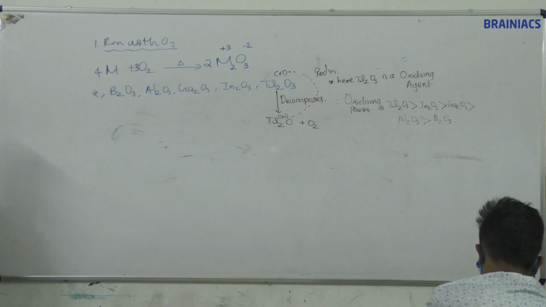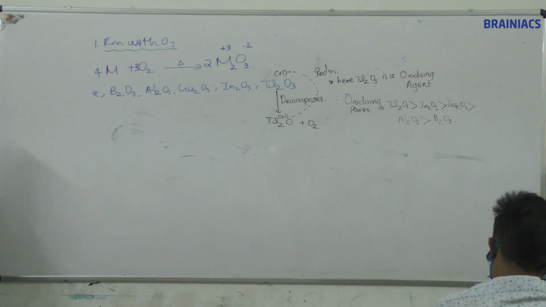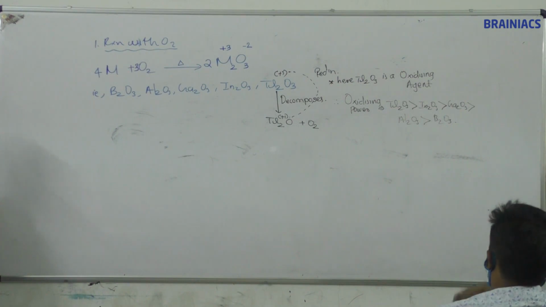Tl2O3 is an oxidizing agent because it undergoes reduction, so it has the higher oxidizing power. In the oxides of the boron family, the oxidizing power increases down the group.